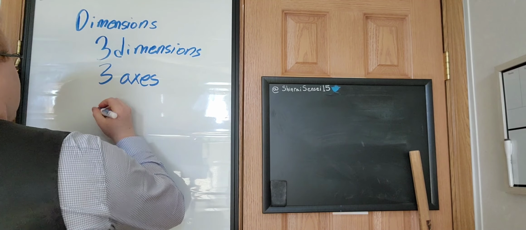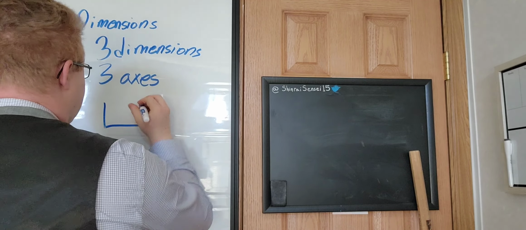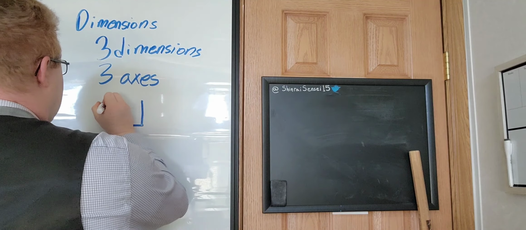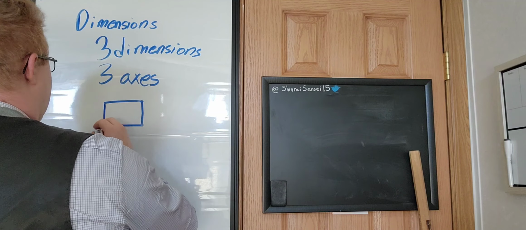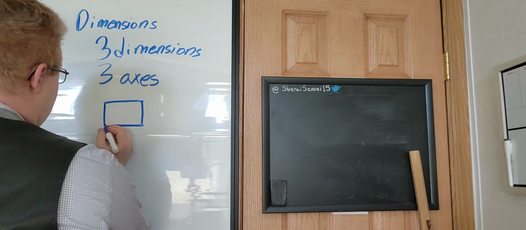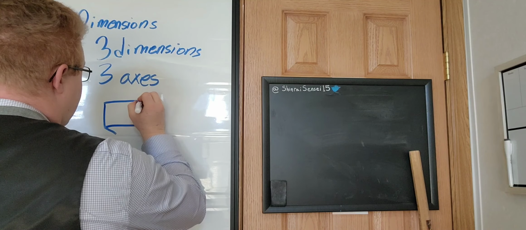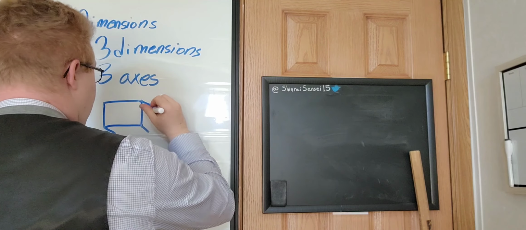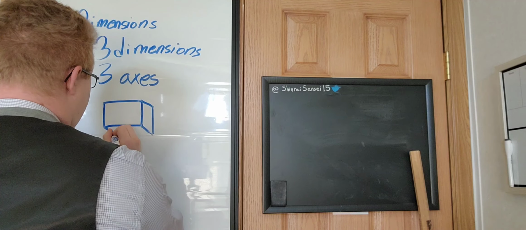But the easiest way to show it is to draw a basic shape like a square or a rectangle, and then turn it into a prism, right? So, boom, boom, boom. Draw that out.